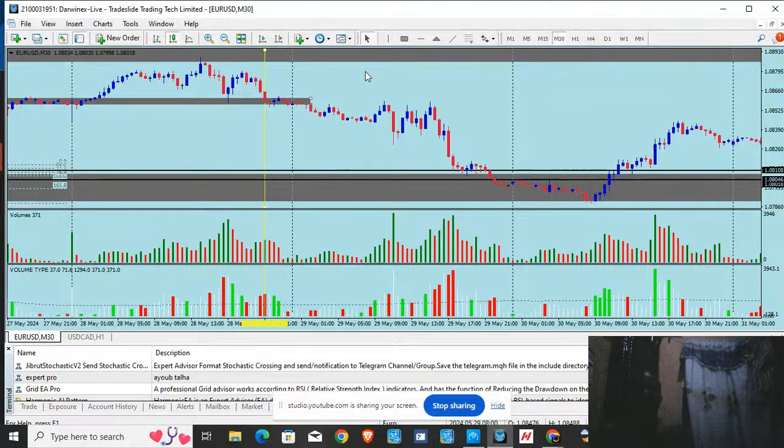So it doesn't make sense to enter. So if we must enter, we must target here to derive a very good risk reward ratio. So that is why most times, if a trade is going in your direction, you don't need to cut it off.